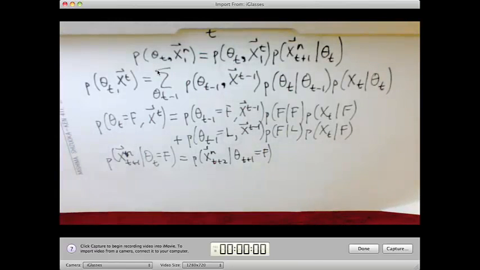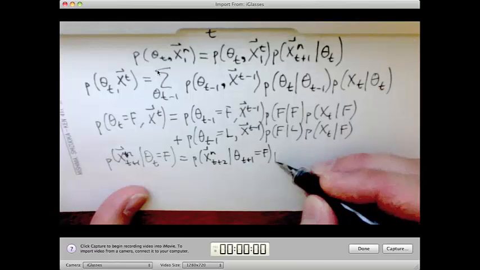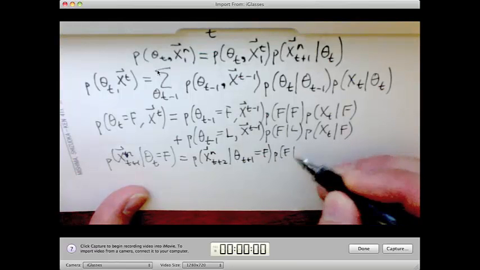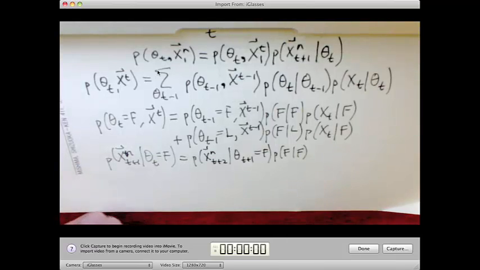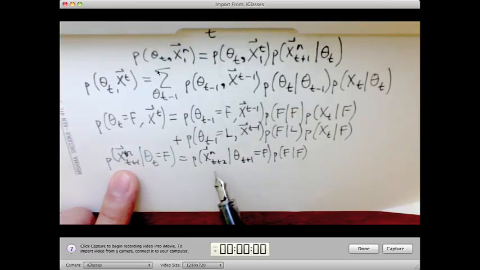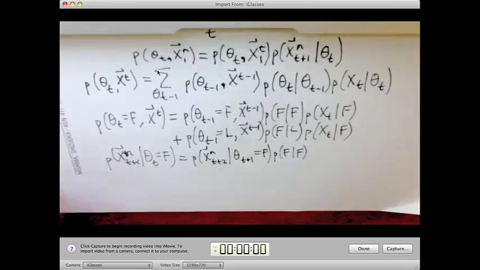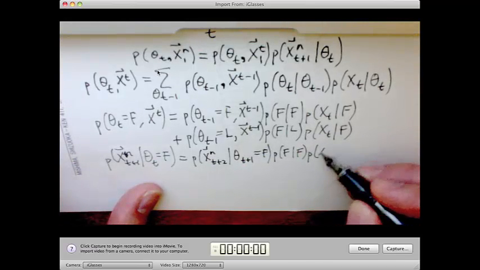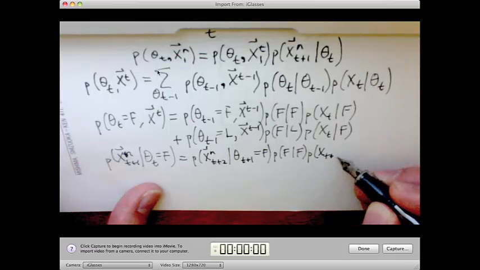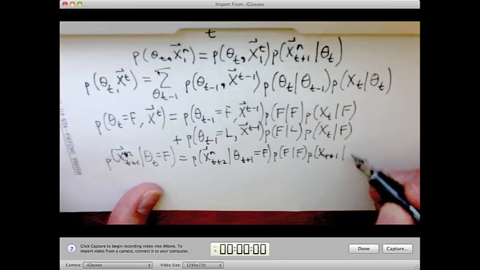So now I have to get from theta t fair to theta t plus 1 fair. So again, that's probability of fair given fair. And I also need to take into account observation t plus 1 that's present here, but not here, right? So again, I have an emission here for the probability of x t plus 1 given fair.